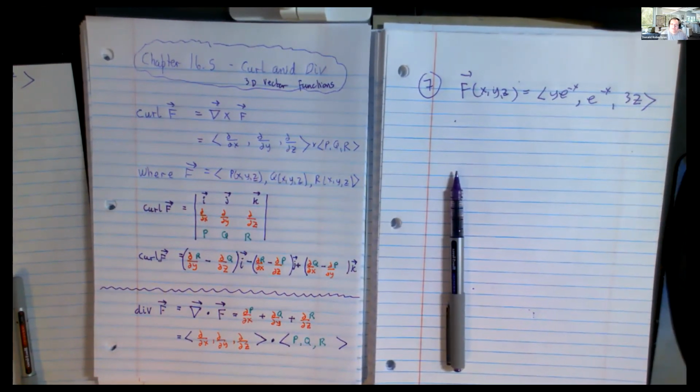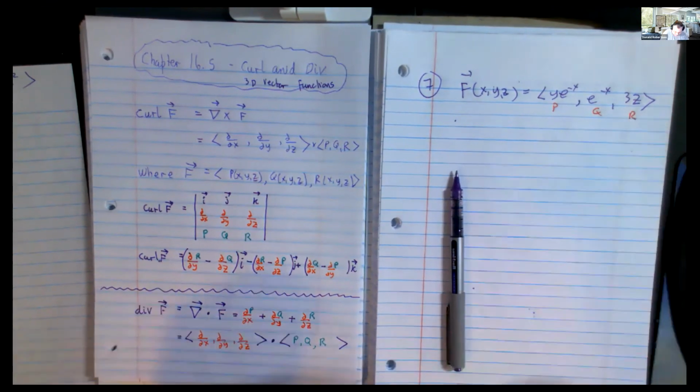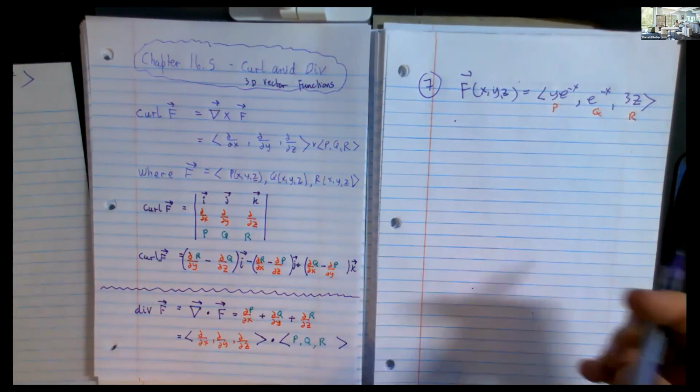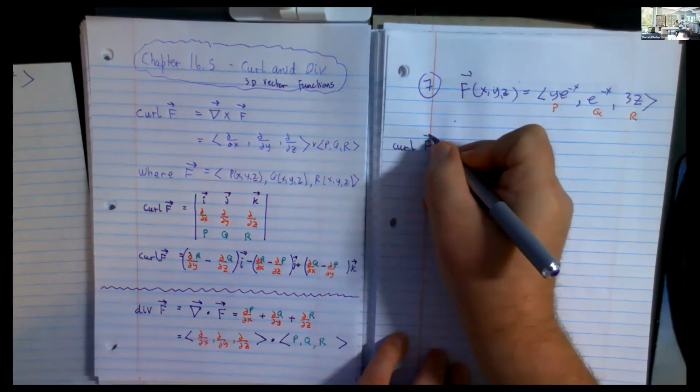So if this is going to be conservative, shouldn't its curl be the 0 vector? Agreed? So that's going to be P, that's going to be Q, that's going to be R. Let's find out if it is a conservative field.